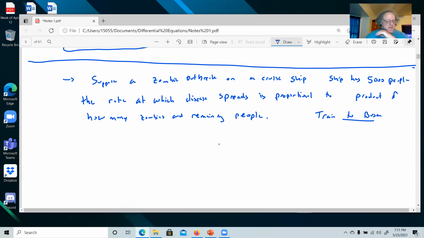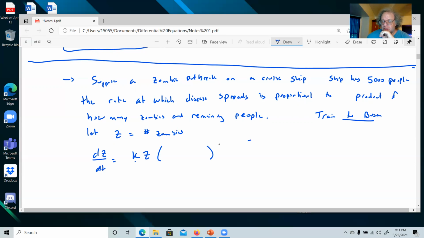We're going to say let Z, of course, Z for zombie, equal the number of zombies. The change in zombies is proportional to, there's our constant of proportionality, the number of zombies times the number of people that are left.